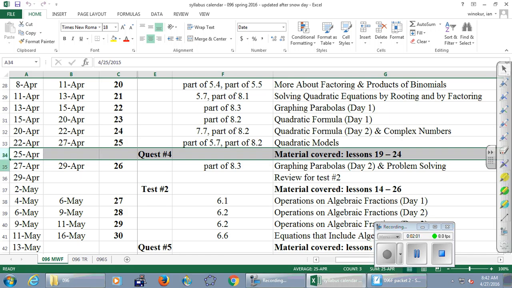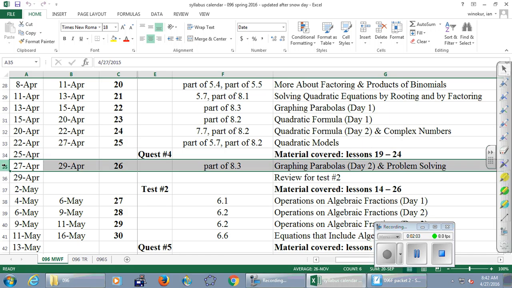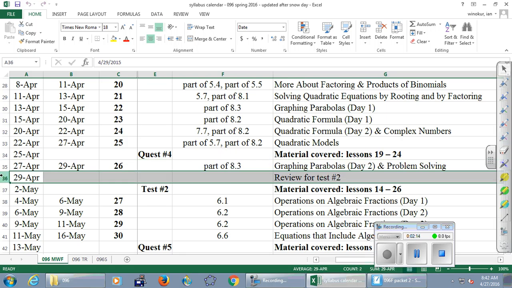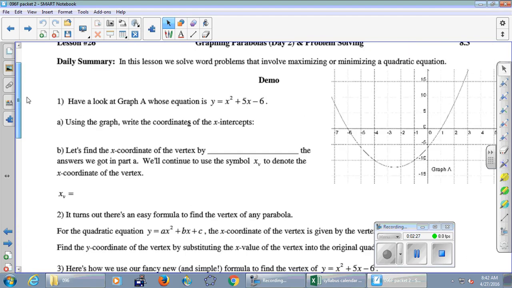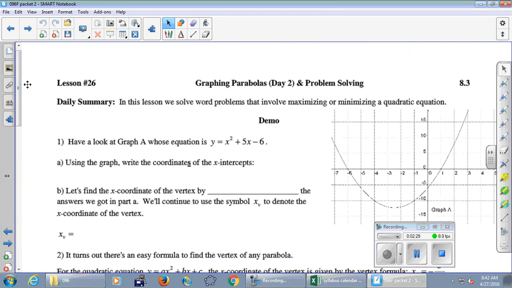What we're going to do is move blissfully along past the quest, because the holes we need to plug are not going to come up in today's lesson. So we're just going to do today's lesson. And then on Friday, I'm going to come in and talk about some of the things that I saw on the quest and ways that we can get back on track with the conceptual errors that some of us have, okay?